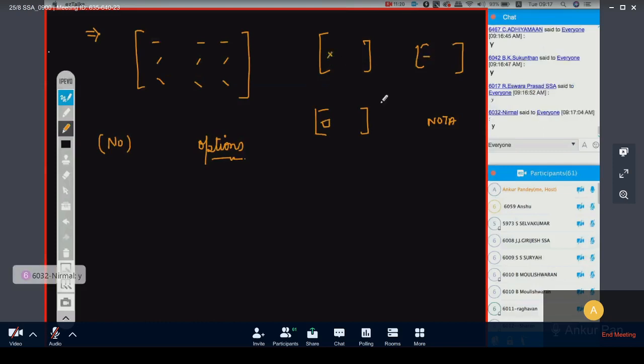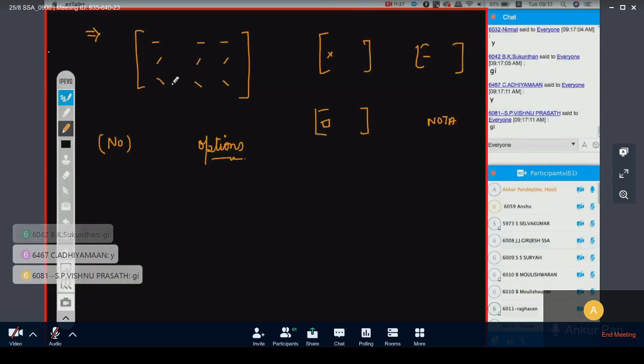Clear? Sure. And just calculate that. You can calculate one element, right?